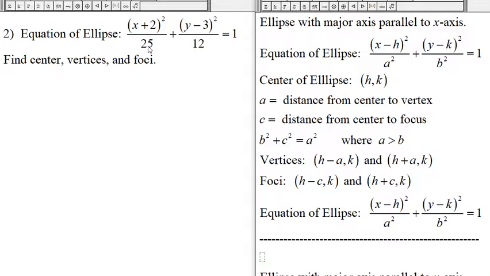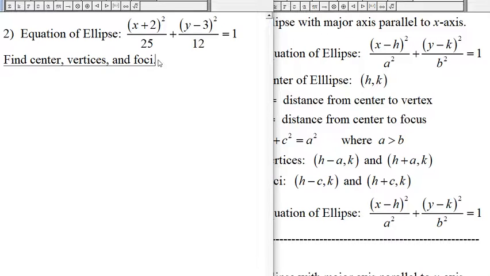And so first look at the two denominators right here. This is 25 and this is 12. And so if the larger of the two is under the (x minus h) squared, then the major axis will be parallel to the x-axis.